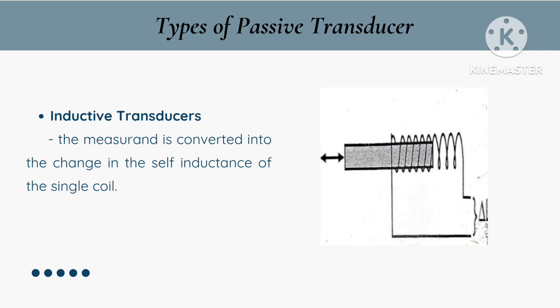Its principle is that inductance changes with variation in flux leakage. An example is the linear variable differential transformer, which measures linear displacement by detecting the change in mutual inductance between coils. Another is the eddy current sensor, which measures displacement or proximity by detecting eddy current effects.